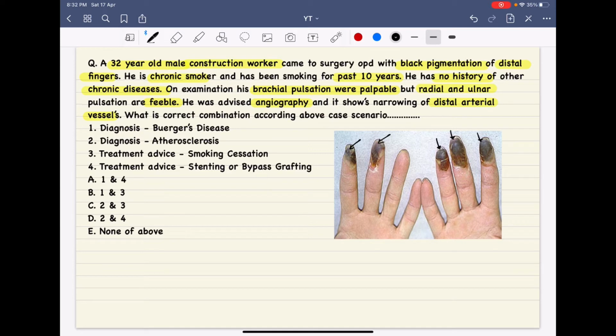So you can infer from this that they are indicating towards a disease related to the arteries, because they have given that arterial pulsations in radial and ulnar vessels are feeble. And the investigation they have done is angiography, and it shows distal arterial narrowing.